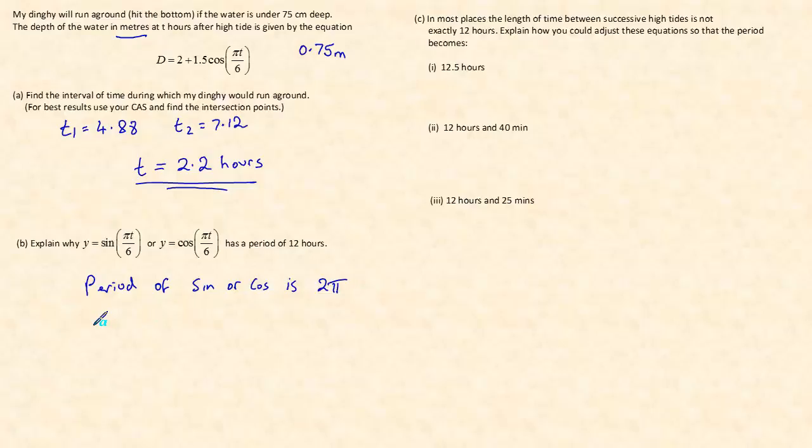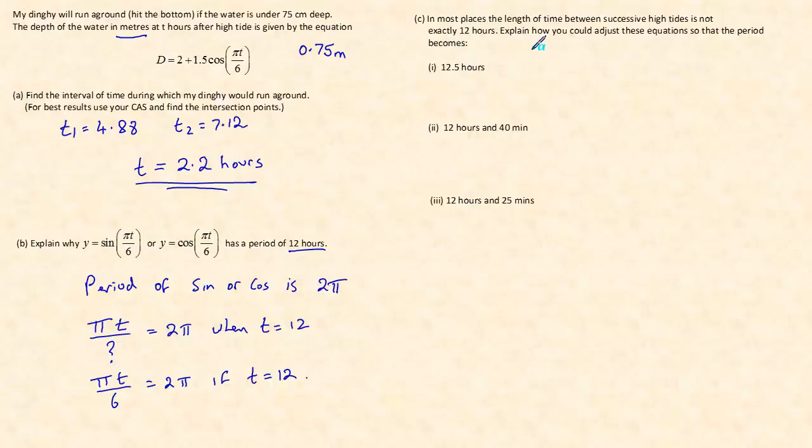So we need a function of the form pi t over a question mark is equal to 2 pi when t equals 12, and pi t over 6 is equal to 2 pi if t equals 12. So therefore the period is 12 hours.